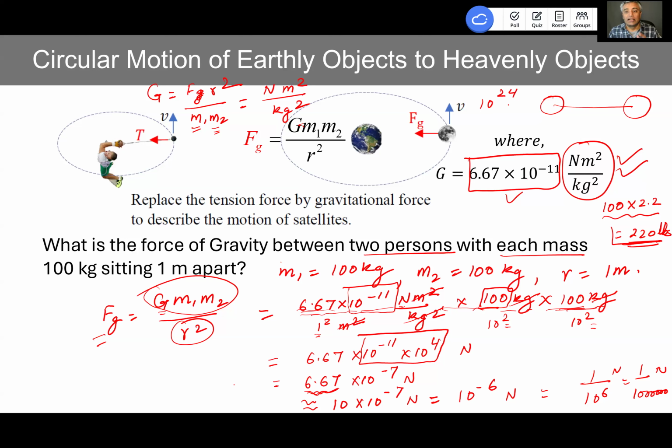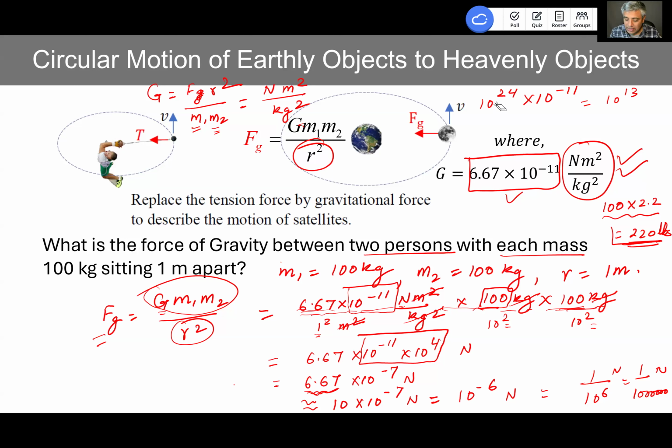So when we combine that with this 10 to the power negative 11, the result is 10 to the power positive 13. Now it is more than a trillion Newtons. And of course, the separation distance also contributes.